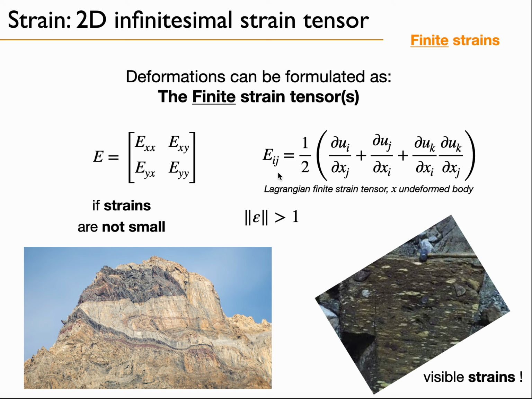So that is the kind of finite strain measurement that can be used to quantify visible strains. There are many ways to formulate a finite strain tensor, or to quantify it, and this will be the topic of another future lecture.